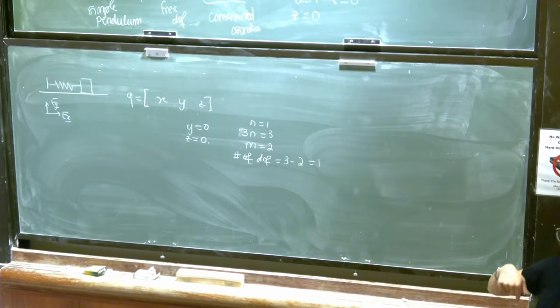I'm also going to define the generalized velocities, which are the derivatives of the generalized coordinates.